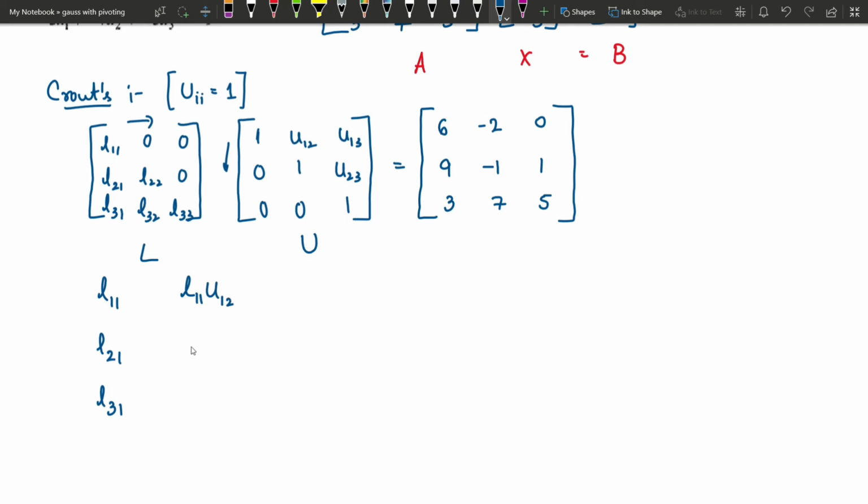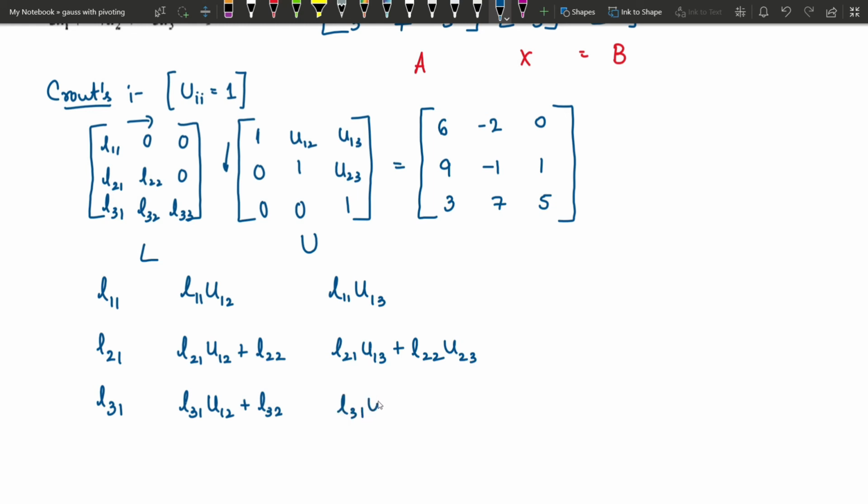Now we will multiply all these three rows with the second column. So we are going to get L11 into U12 plus 0. For the second one, we will get L21 into U12 plus L22. And the last one is L31 into U12 plus L32 into 1. And the final column is L11 into U13.